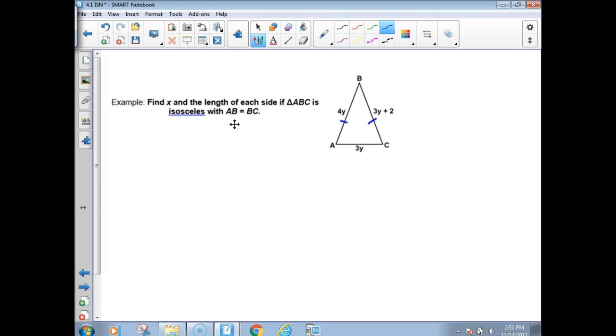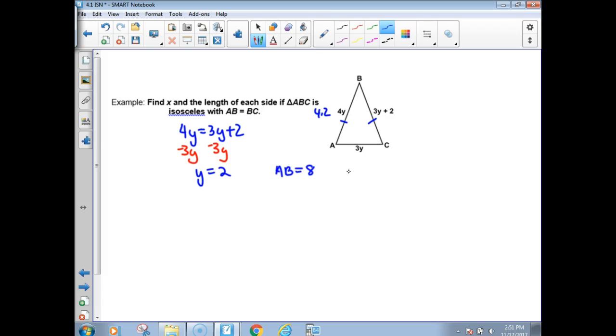Then I can solve the problem by setting 4y equal to 3y plus 2. Then I subtract 3y from both sides to solve for y, and that gives me y is 2. Now it says to find the length of each side of the triangle, so I plug 2 back in. Side AB is 8.